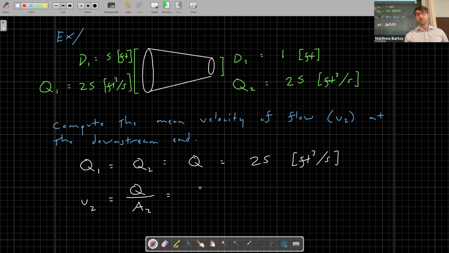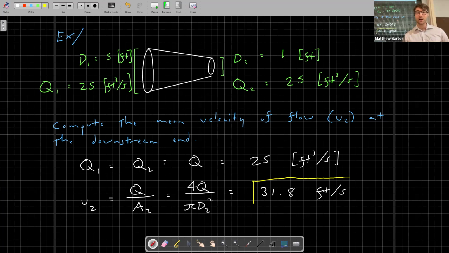So this is just going to be using the same expression we had on the previous problem. This is going to be 4Q divided by pi d2 squared. And if we evaluate this expression, we get a value of 31.8 feet per second.